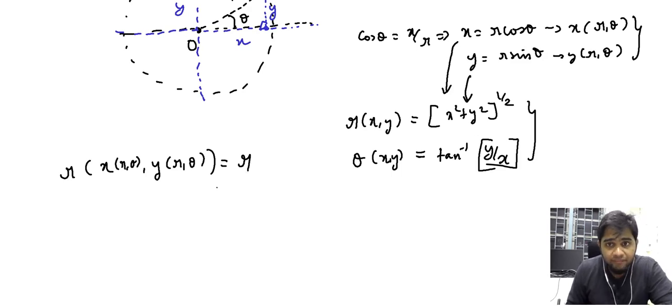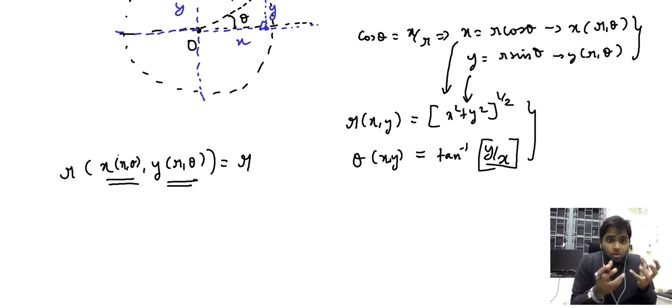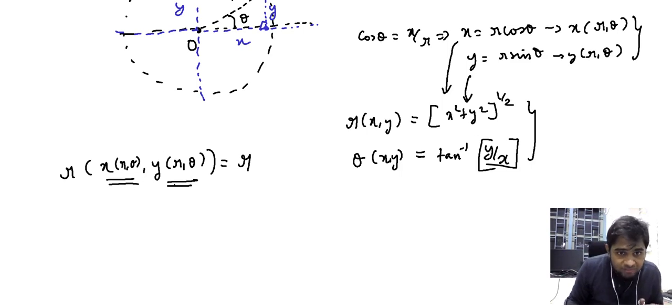So when you consider these two functions, we started off with the polar coordinate system, and then we moved on to the Cartesian coordinate system. That is what these functions indicate.